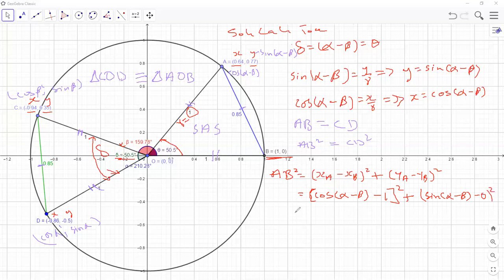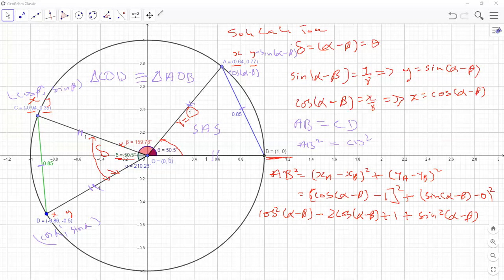So that's it. Now, realize I might just run out of space, so I'm going to move a little bit skew here so my equal sign will not fall off. So let's simplify the brackets. You're going to have cos squared alpha minus beta, minus 2 cos alpha minus beta, plus 1, plus sine squared alpha minus beta.